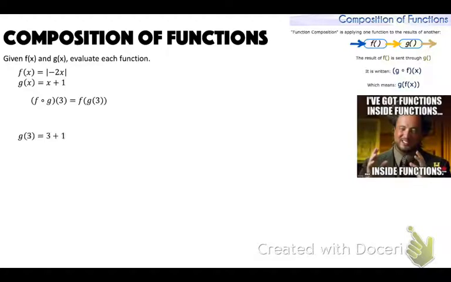So g of 3, if I plug 3 into that, I get 4. So then that becomes f of 4, since g of 3 was 4. And then I'm going to do f of 4, which if I plug 4 into that, I get negative 2 times 4, which is negative 8, which the absolute value of negative 8 is positive 8.